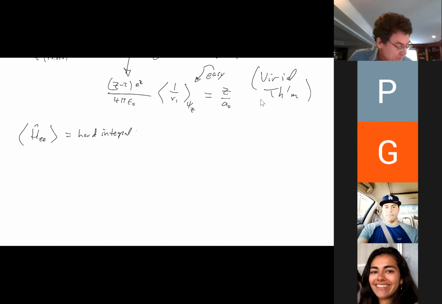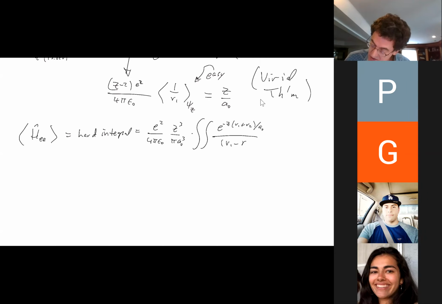I'll just write the integral for you: e squared over 4 pi epsilon naught, Z cubed over pi a cubed, times the double integral of e to the negative Z (r1 plus r2) over a naught, over |r1 minus r2|, d cubed r1 d cubed r2.